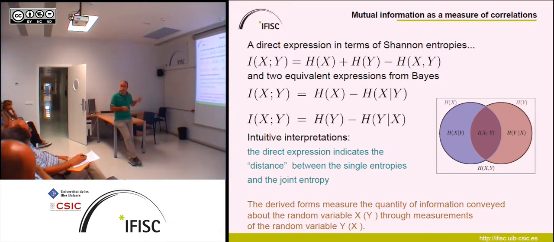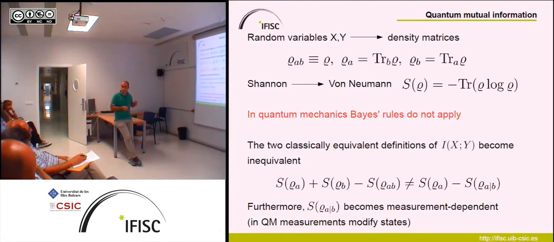Let me go to the quantum counterpart. We change random variables x and y with states, with density matrices. I will call the total density matrix of the system rho, and this is equal to just the rho AB. And we have also the density matrix of the subparties.